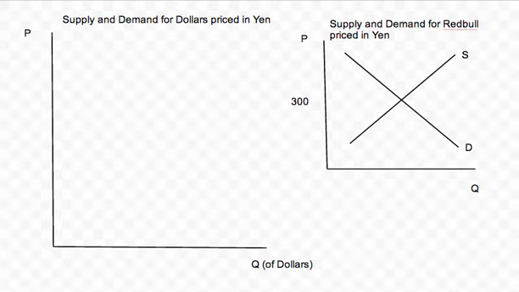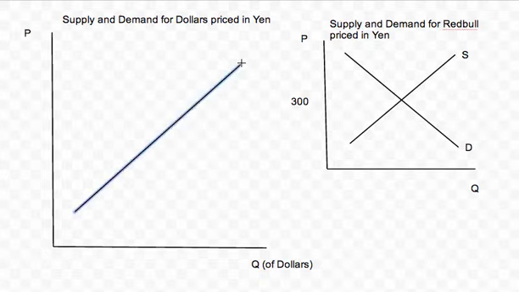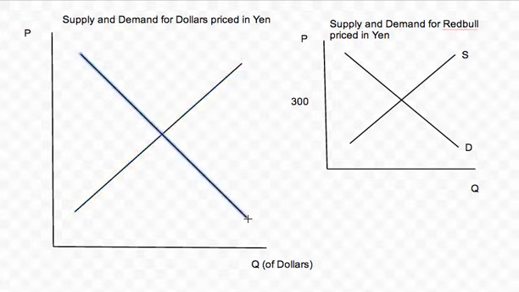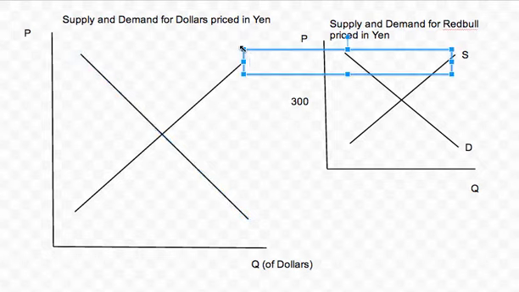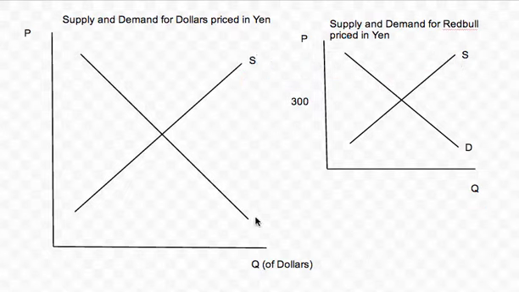Again, we'll have a similar supply and demand curves that have the exact same attributes. Label these. This will be supply, and I don't know why the box is so big. And down here will be demand.